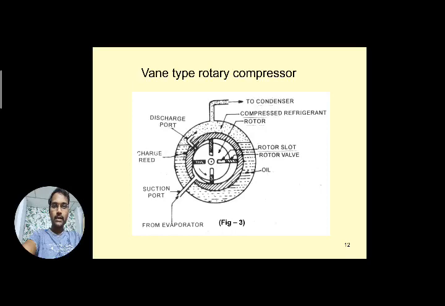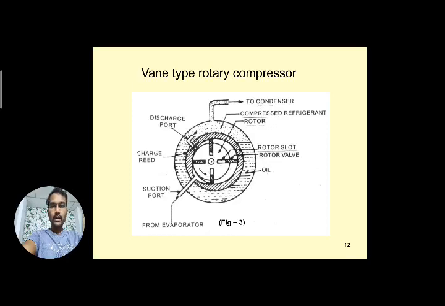A sectioned part is there. To the cylinder the rotor vanes are fixed, and slots are provided in the rotor where the vanes move inside and outside whenever the rotor is rotating.